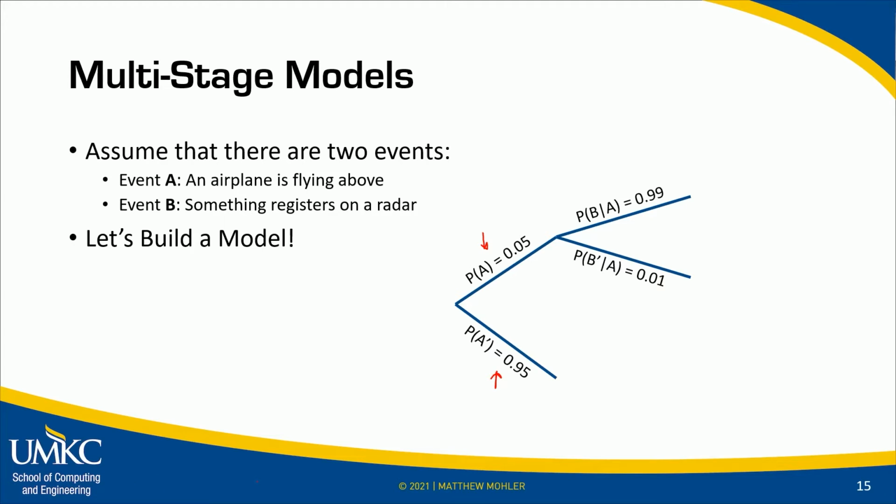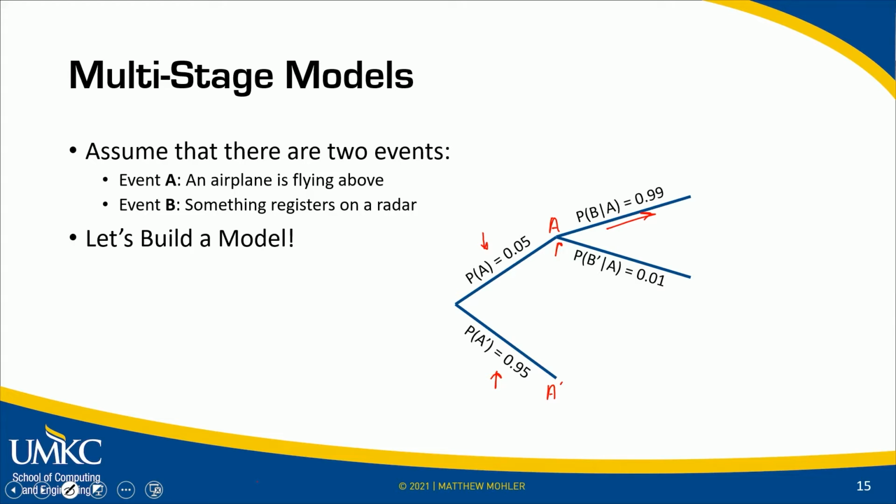First, it's important to note that this node right here is really just A. And likewise, this node is A complement, because those events have already occurred by the time we reach that node. So we can say that the probability of traversing this branch is really the probability of B, given that A has already occurred, because we've already made it to this node.